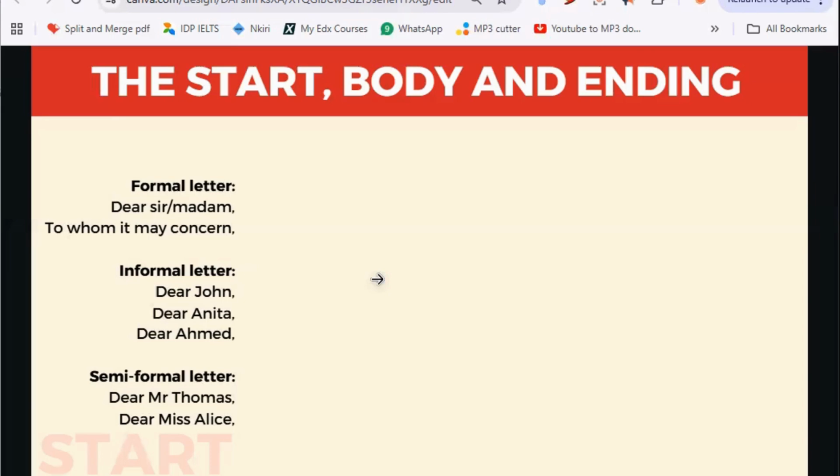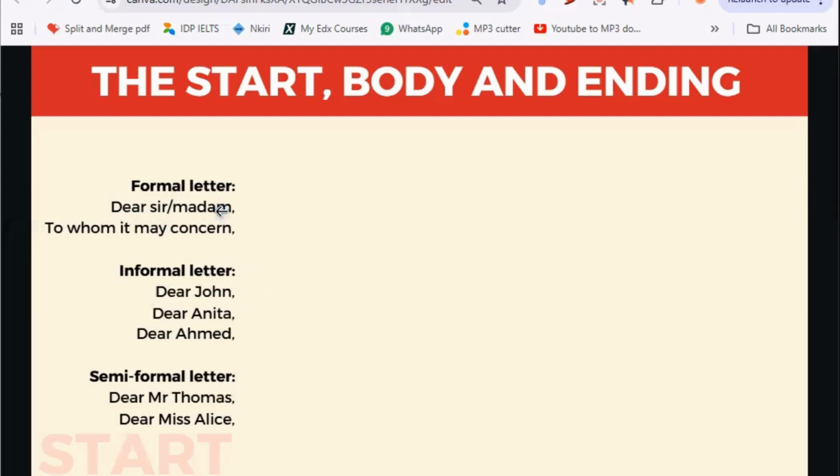You cannot be writing "Dear managing director, dear accountant, dear auditor." So the best thing is to do what? "To whom it may concern." That kind of scenario is not very common. I've not yet seen it in IELTS letter writing. So it's better to just do "Dear Sir/Madam."